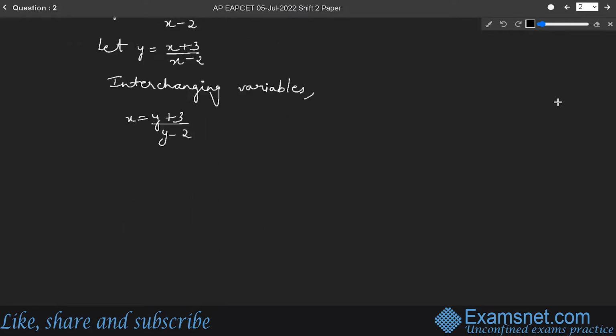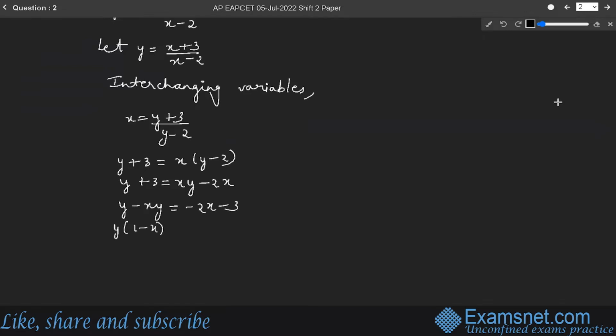Now, on further cross multiplying, y plus 3 will be equal to x into y minus 2. Therefore, y plus 3 will be equal to xy minus 2x. So, y minus xy will be equal to minus 2x minus 3. Taking y common here, it will be y into 1 minus x is equal to minus 2x minus 3.